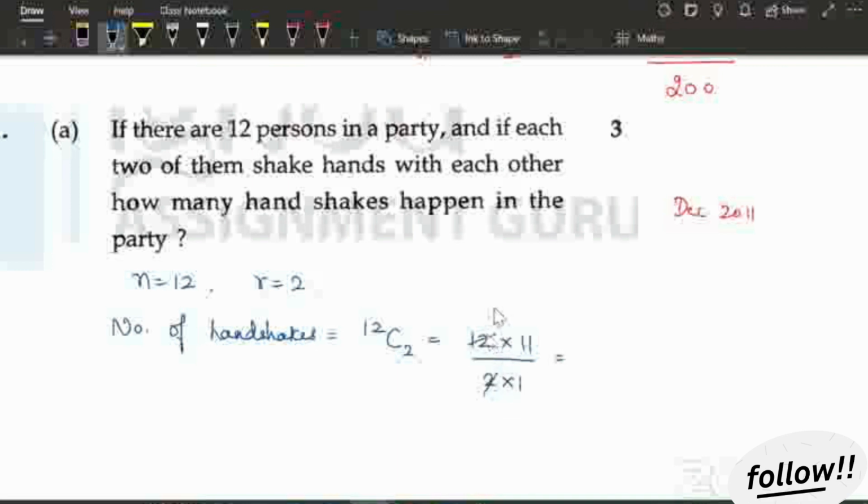This is 66. 66 handshakes are possible. Now, you can also solve it without combination. There are 12 people. Each of them should shake hands with each other person.